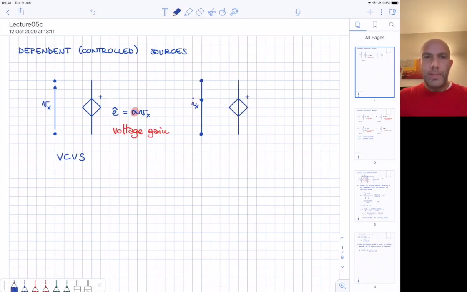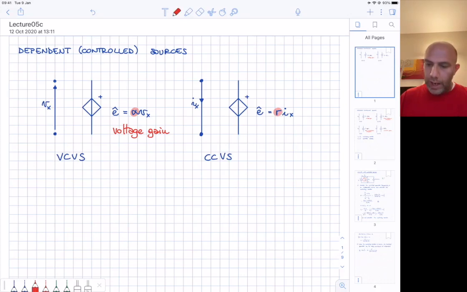The second element I'm introducing is the current-controlled voltage source. So, the symbol is exactly the same as the previous one because it's a voltage source, but its electromotive force, E hat, is this time dependent on a current in the circuit. Let's call the proportionality constant R, so E hat is R Ix, because dimensionally this value is a resistance.